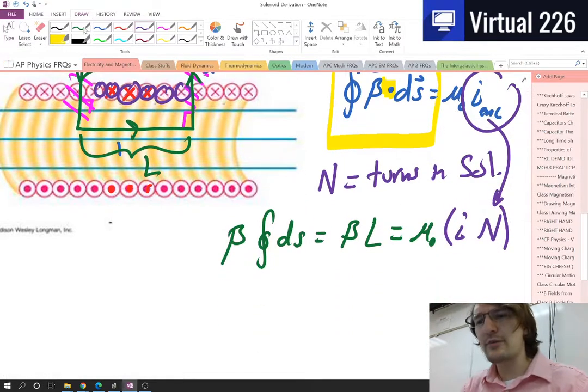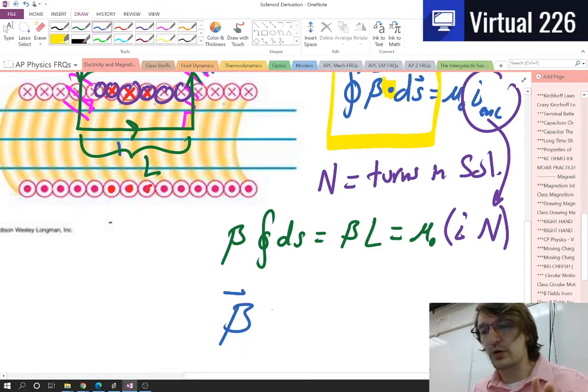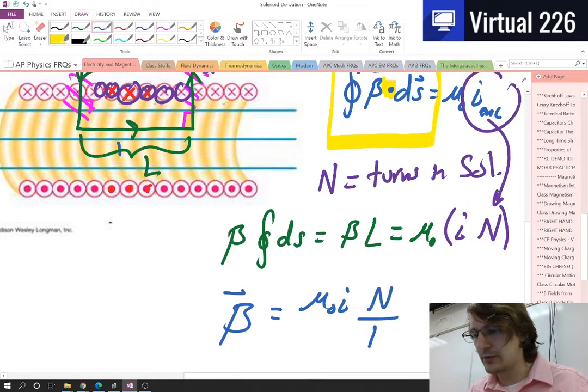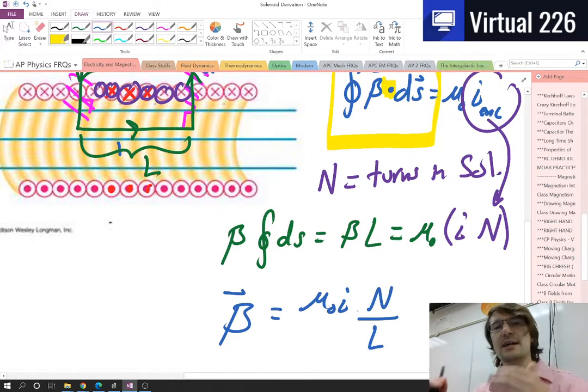Which means that if we wanted to find the constant, uniform B field inside the solenoid, it would be mu naught I N over L. And I write this N over L specifically because the number of turns in your solenoid per unit length, we can think of as a loop density, like loops per meter.